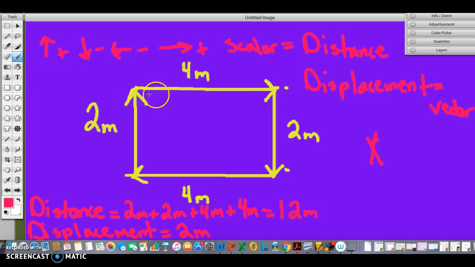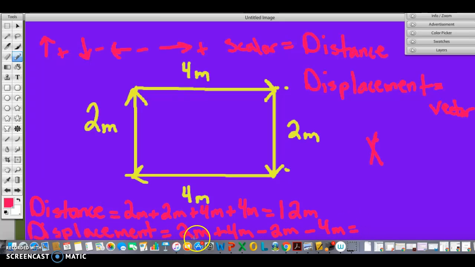We have a positive 4 meters because it's going to the right. I'm getting this from the conditions we made up there: up means positive, down means negative, left means negative, right means positive. We have a negative 2 meters because it's pointing down, and a negative 4 meters because it's pointing to the left.